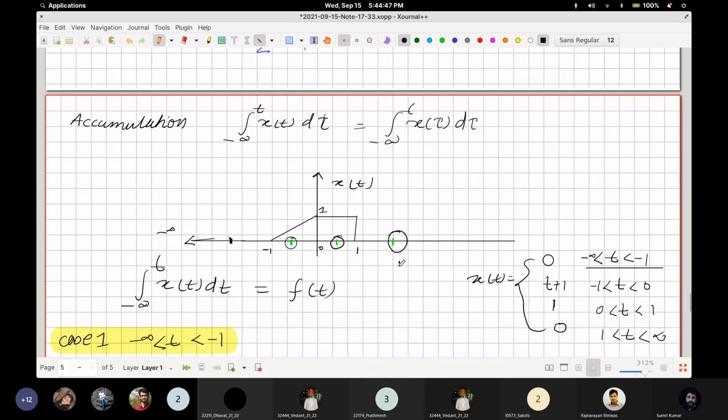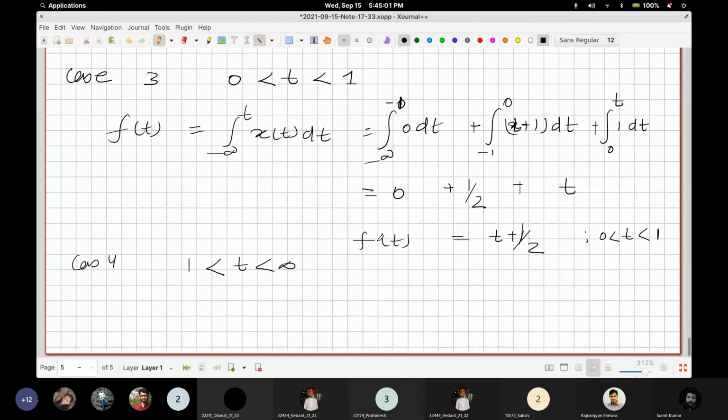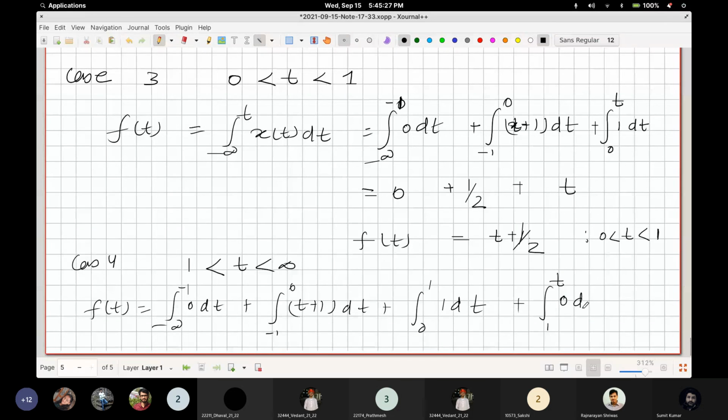So from minus infinity to -1 it is 0 dt, then -1 to 0 it is t plus 1 dt, then 0 to 1 it is again 1 dt, and then 1 to t it is again 0 dt.